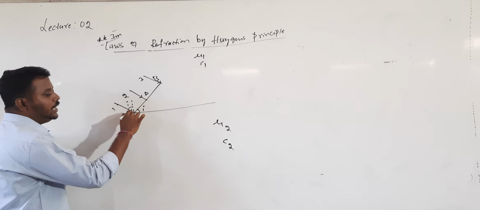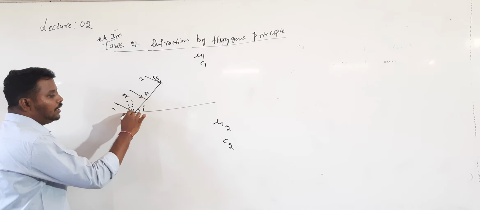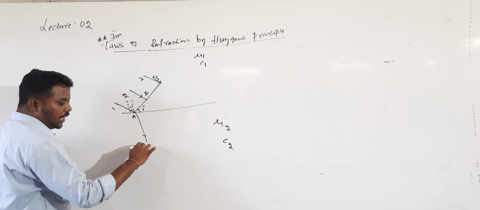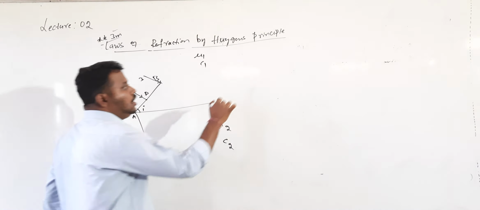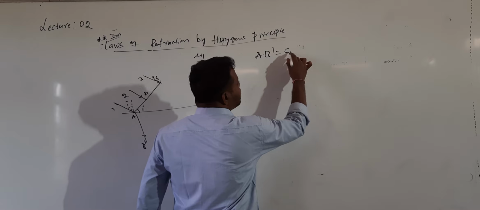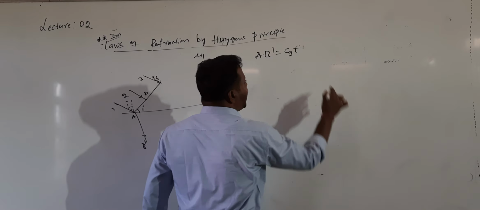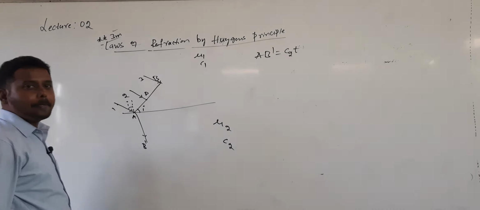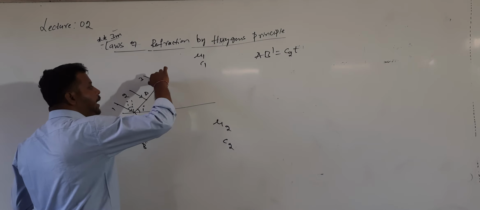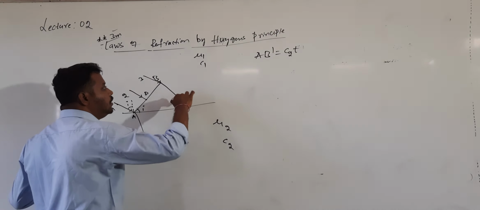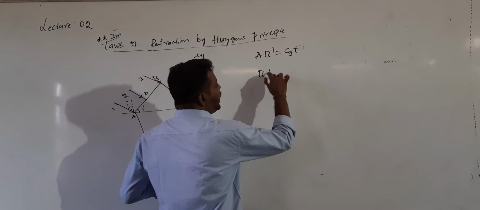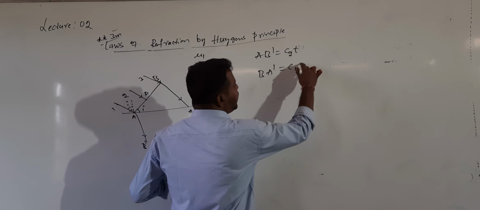Now what happens? Light emitted from A, for example, travels a distance; let me call it AB'. Since it is traveling in the second medium, in time t the value of AB' is c2 into t. Similarly, in the same time, the light coming from B travels a distance which I call BA', and its value is c1 into t.